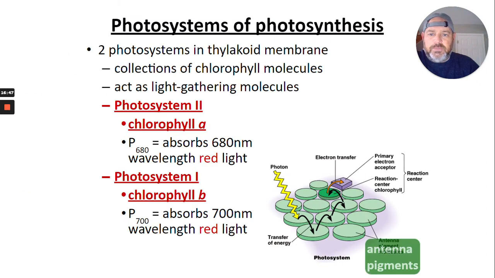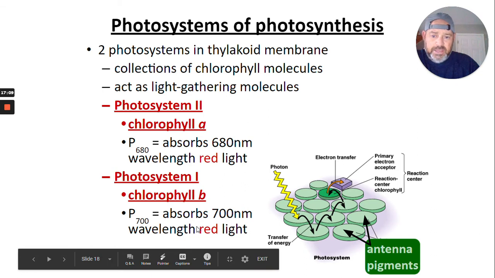So photosystem 2 and photosystem 1. Okay? So these photosystems are what trap the sunlight, right? They come in and the sunlight is gathered here or directed here. And chlorophyll A is going to absorb around 680 nanometers, so the wavelength of red light.